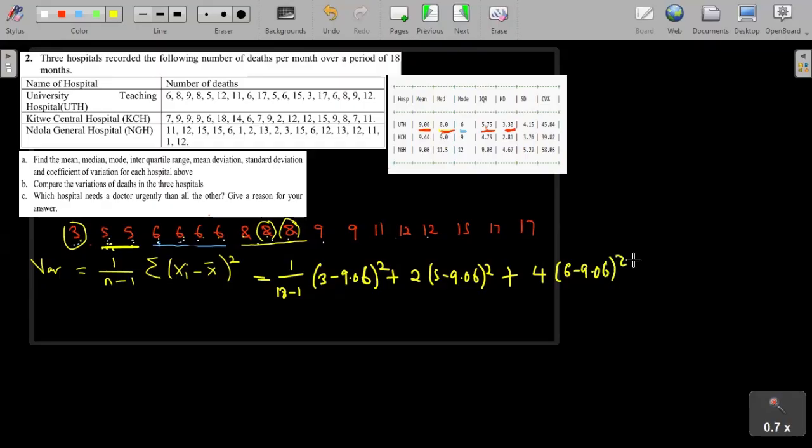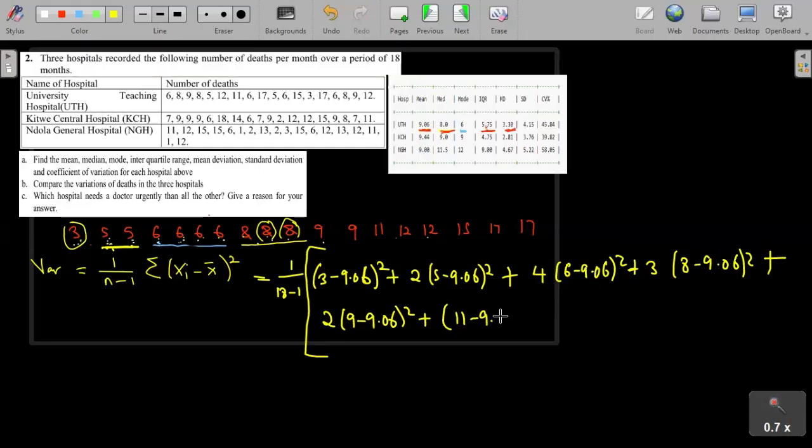Plus the 8, there are 3, so 3, 8 minus 9.06 squared, plus I go to the 9s. So the 9s are what? I'll say this whole thing is in a big bracket, so plus the 9s are 2, and then 9 minus 9.06 squared, plus 11 minus 9.06 squared, plus 12.